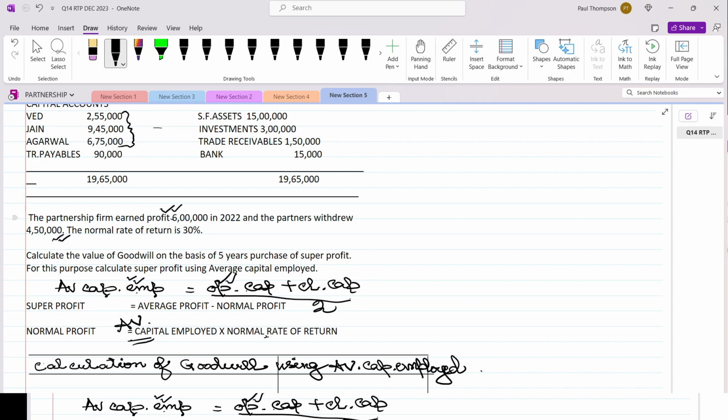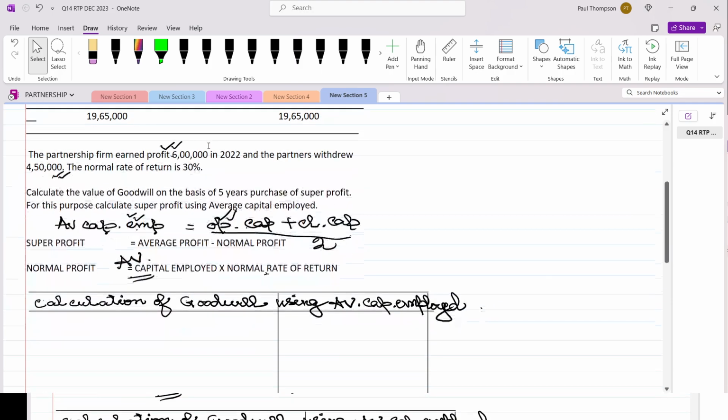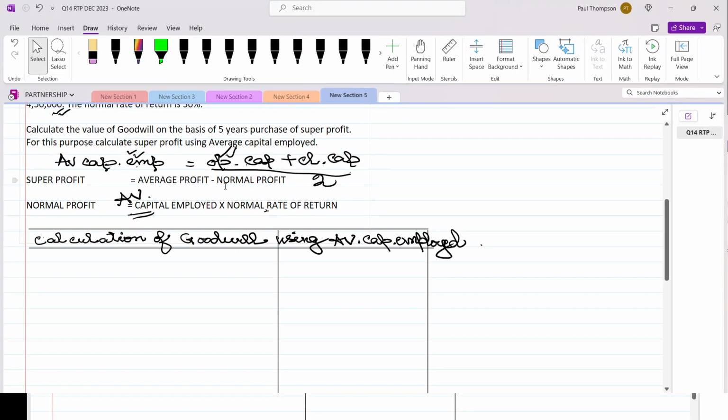For the drawings, they didn't give us the bifurcation of how much each one withdrew, only the total. So no problem. We are going to find out first the opening capital. We already know from incomplete records how to find out the opening capital.